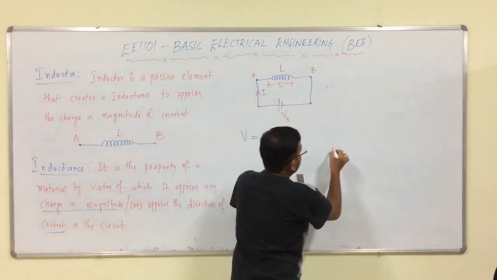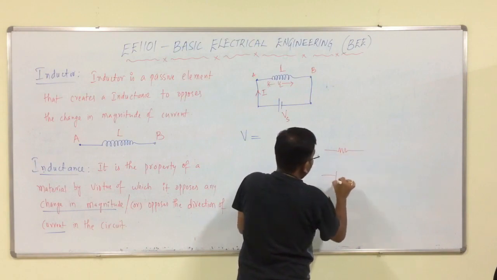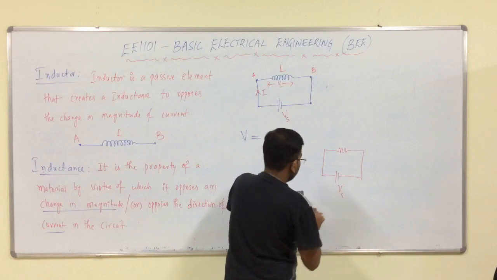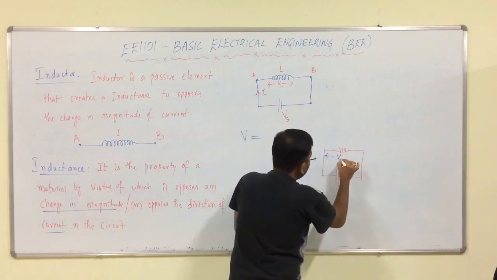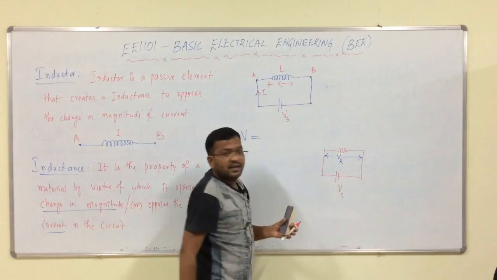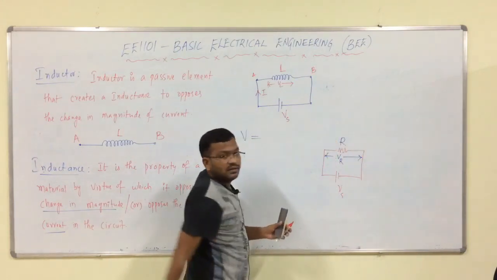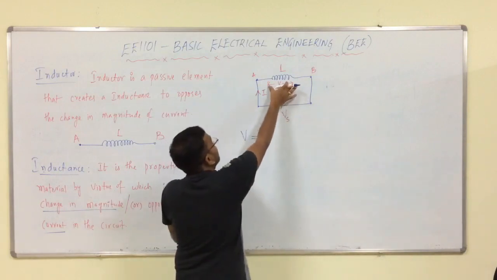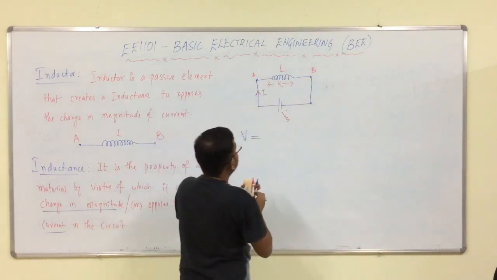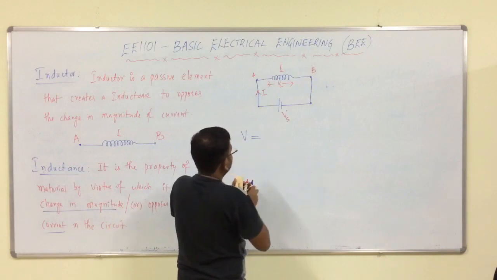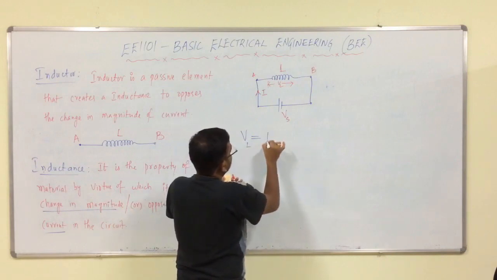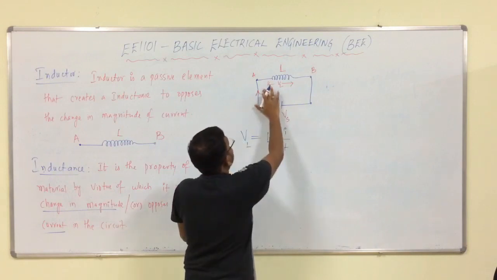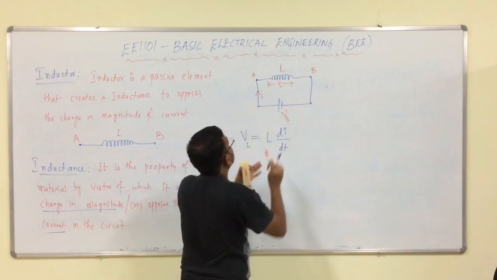Yesterday we had resistance, no? Across these two terminals is the supply voltage, and between these two terminals we get VR, the voltage across the resistor. This is the voltage across the inductor, VL, that is VL equals L into di by dt. This is small i, for example.